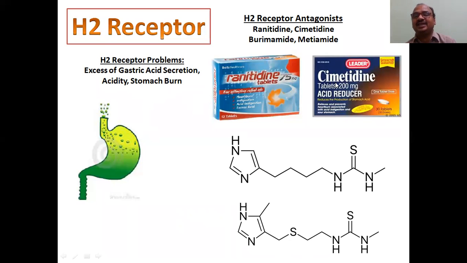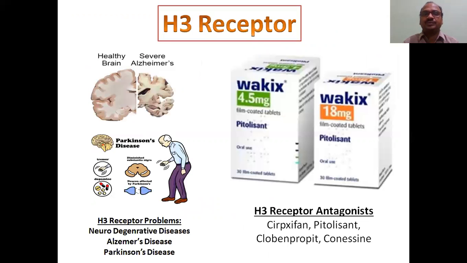Burimamide and metiamide are also important, but not as much. Ranitidine is available as a 75 mg tablet. Cimetidine is a very old drug, also available in 200 mg. Nowadays, all are using rabeprazole, which is a proton pump inhibitor. Rabeprazole and omeprazole do not come under H2.